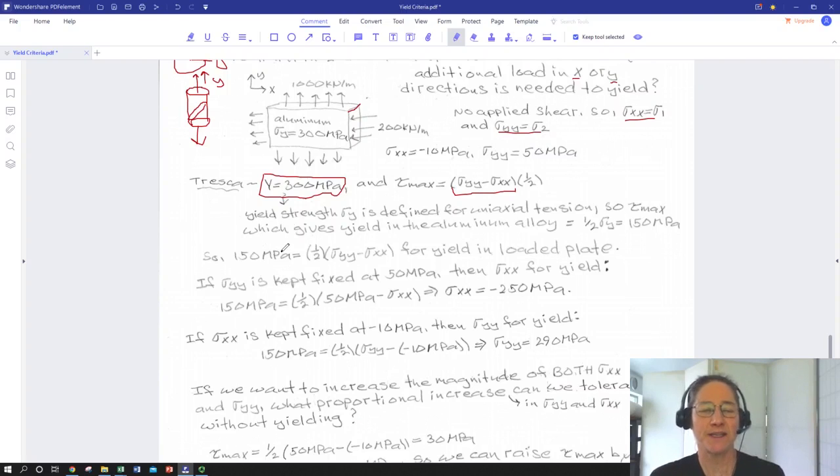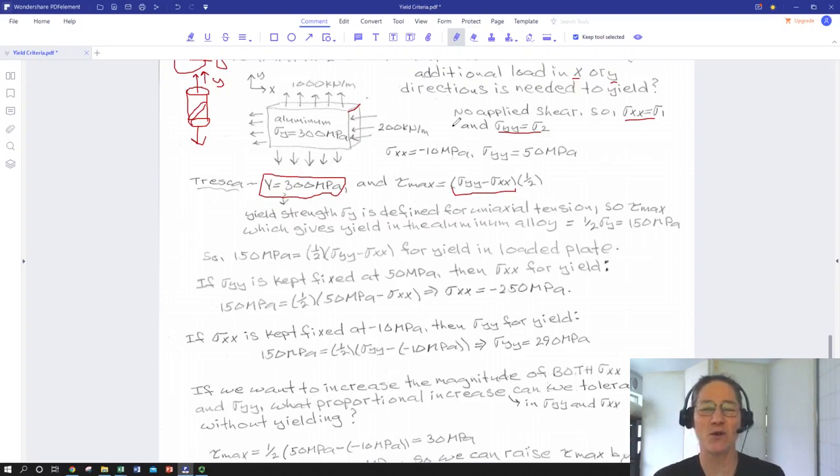So 150 megapascals is the shear needed, the max shear in any direction needed to yield. That will have to be equal to 1/2 of the difference between our applied normal stresses. So it won't yield. We're quite a good ways away from that at this point.